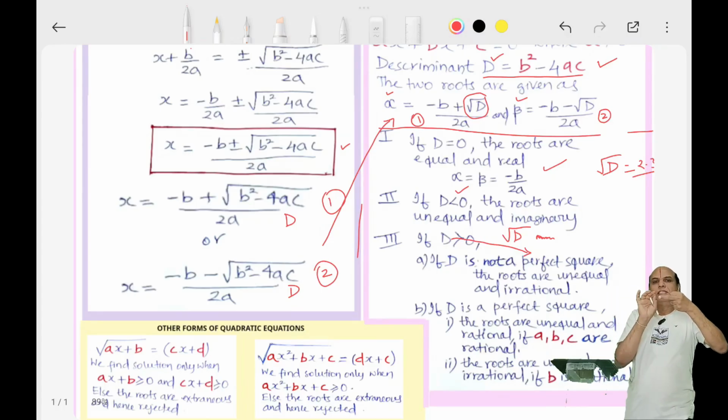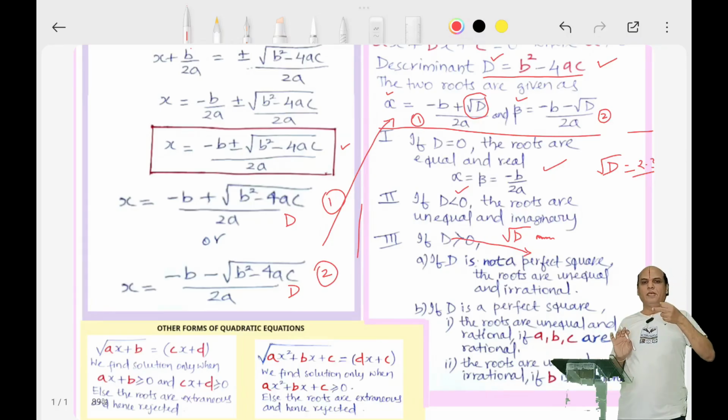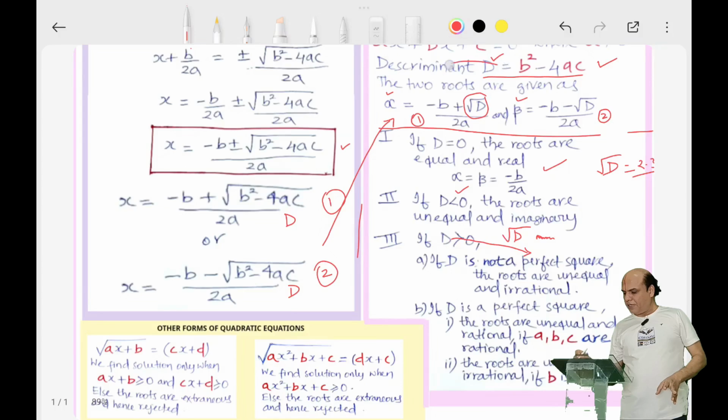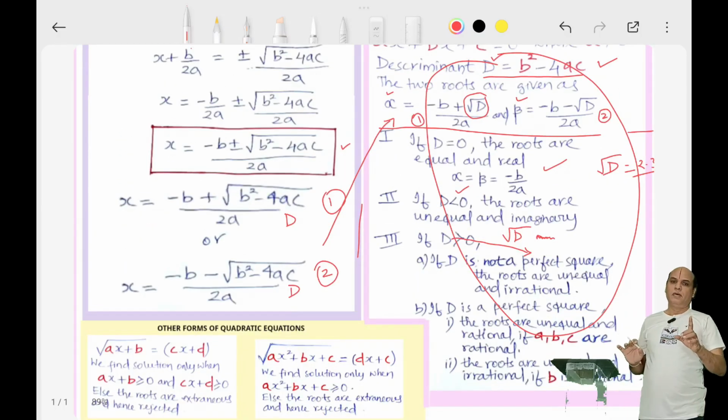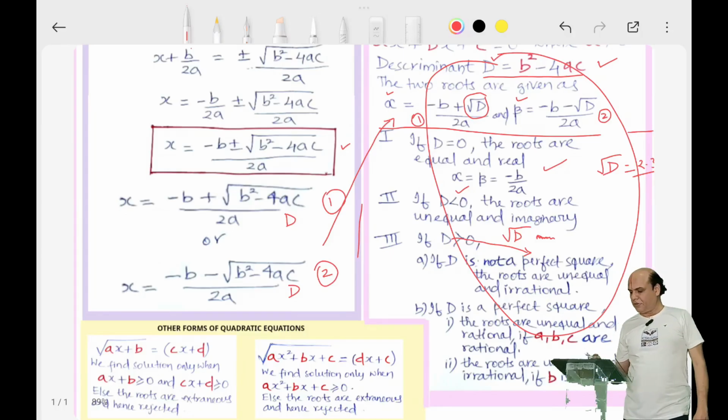If B is irrational, then the roots are irrational. So this is important. Looking at D, you should be able to comment on the nature of roots. There will definitely be a question asking you to comment on the nature of roots in the end exam. So you need to remember this.